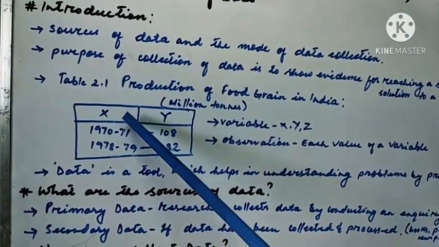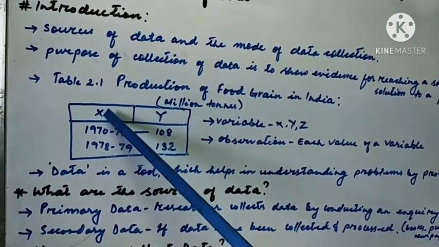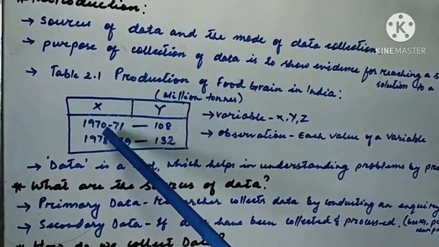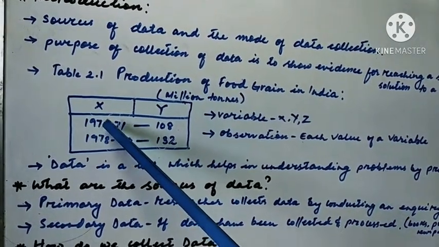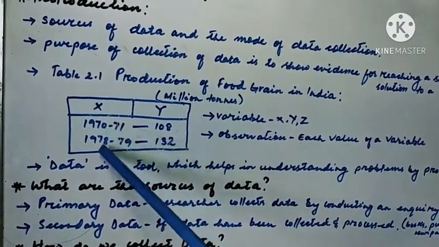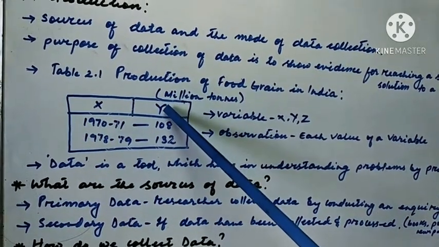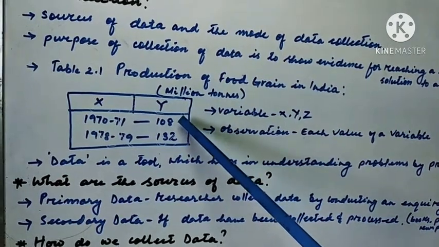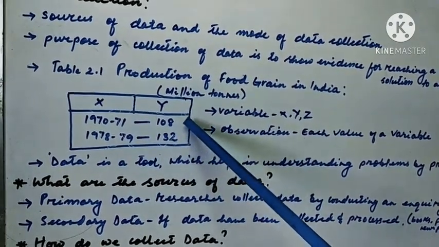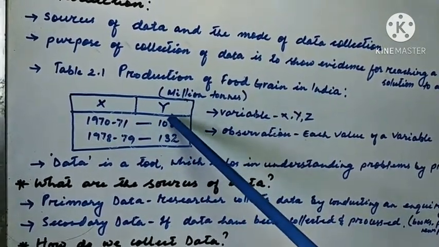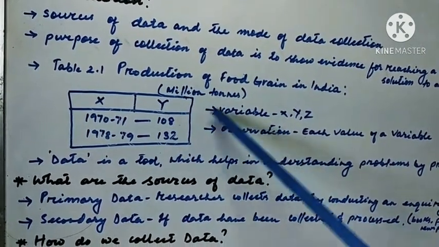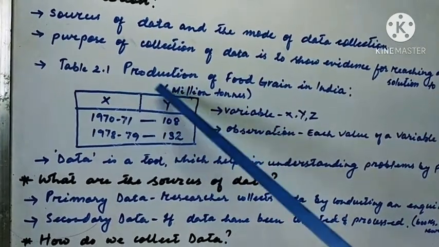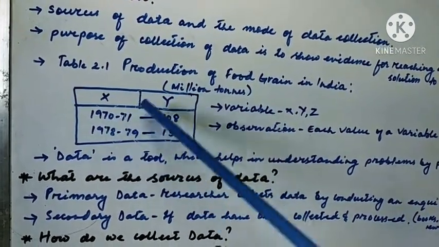For variable X, the values, that is the years 1970-71 and so on, are all observations. For variable Y, 108 million tons of food grain and 132 million tons of food grain are observations. So variables are represented by X, Y, Z, and they are not constant, they keep on changing. And these are all observations.